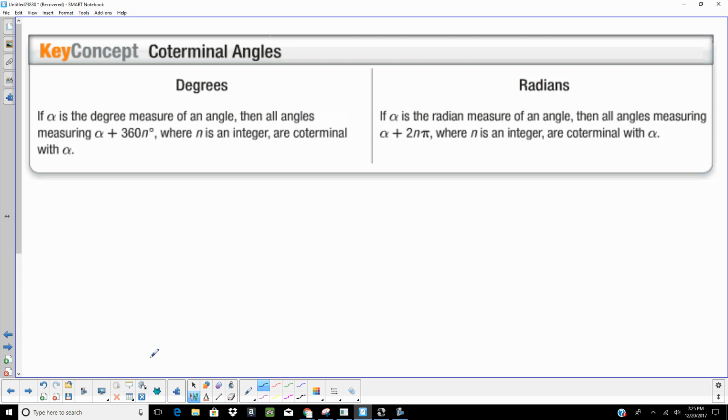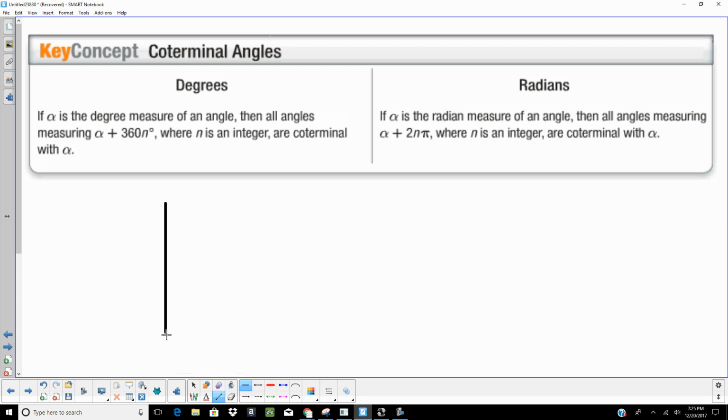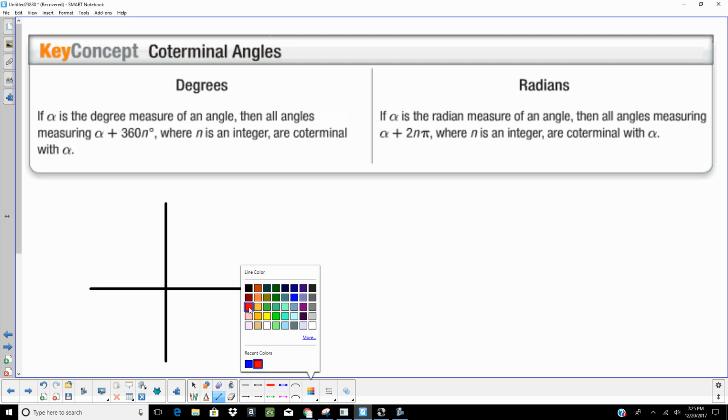All right, coterminal angles. Coterminal means they're going to have the same terminal side. They'll have the same initial side and the same ending side. Let's take a second and see what that looks like. So I'm going to go ahead and just draw an angle, and let's draw that in red.